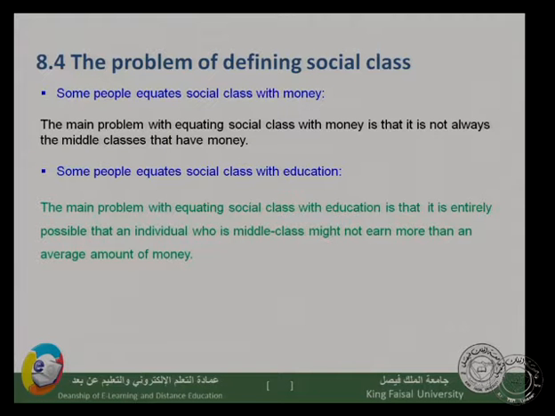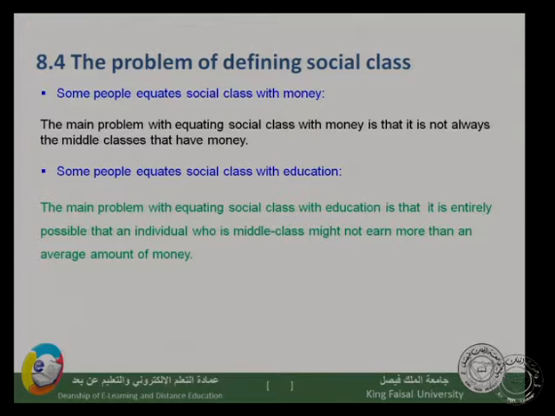Some people are of a lower class, but they earn a large amount of money depending on the type of job they do. So you cannot say that if you have a large sum of money, this means that you are of a middle class or of an upper class. This is a problem if we equate money with social class, which is not always true.